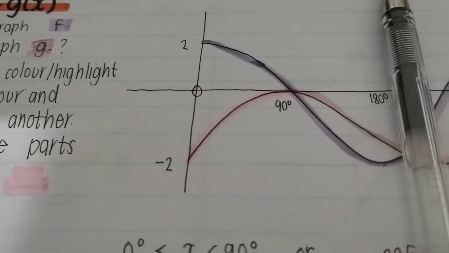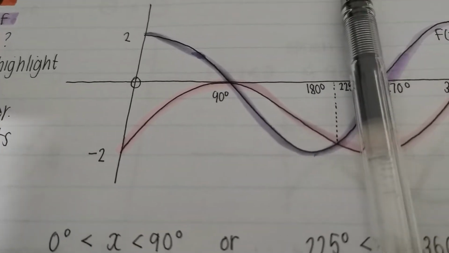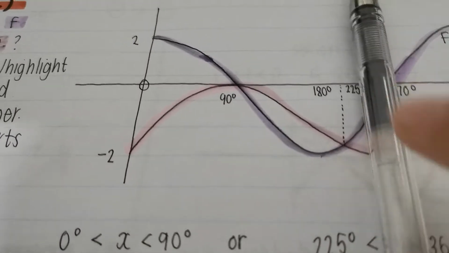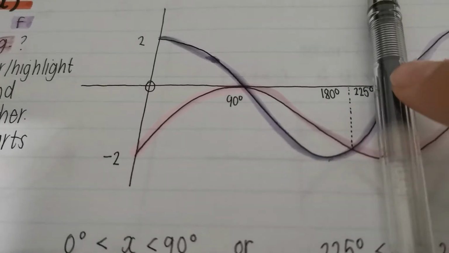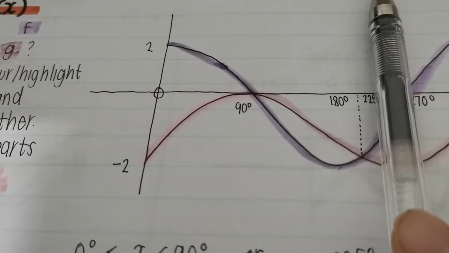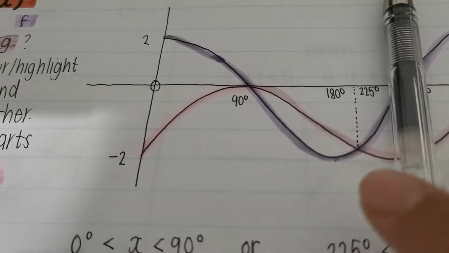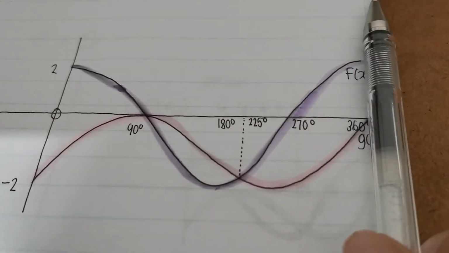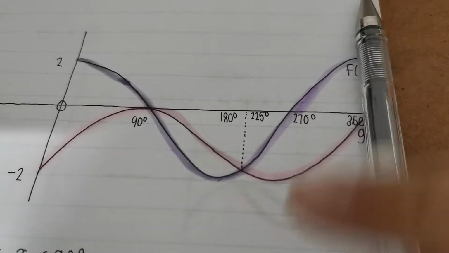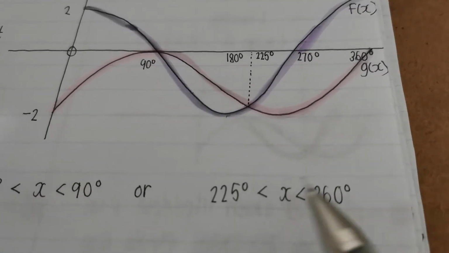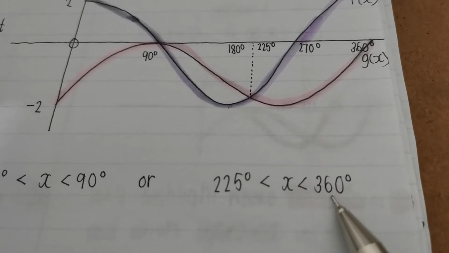My second solution is, do you see from the minute it touches that point of intersection, the dotted line that I drew over there for you to understand that that value there is 225. It's not an asymptote. From that value all the way up until the 360, do you see my purple is again on top of my pink? So I'm going to write from 225 up until 360 again.